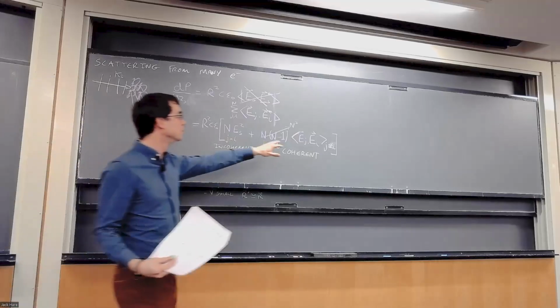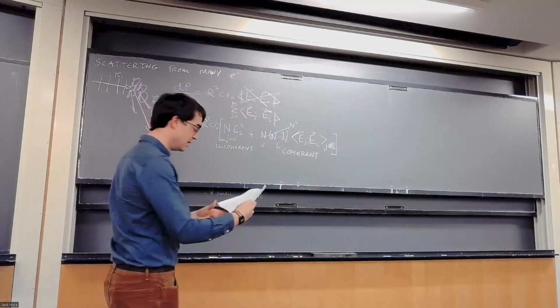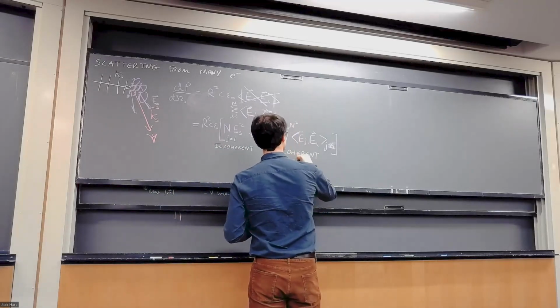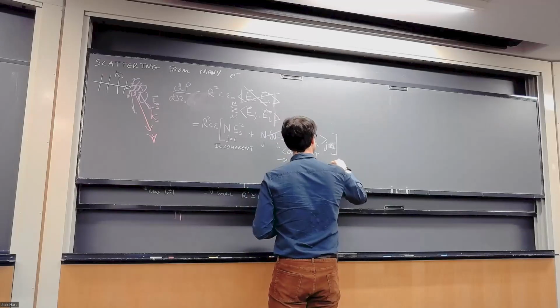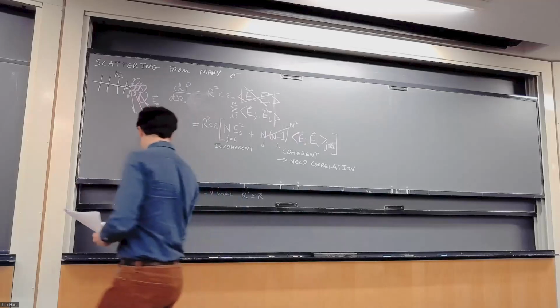Then when you dot them into each other and average them out, you would expect that randomness to average out to 0. So to be coherent, we need correlation. We'll talk a lot about that later on.